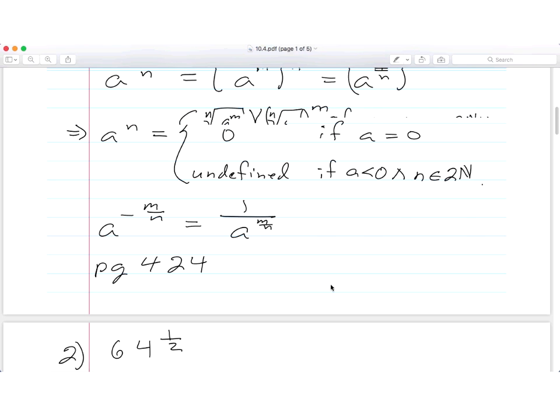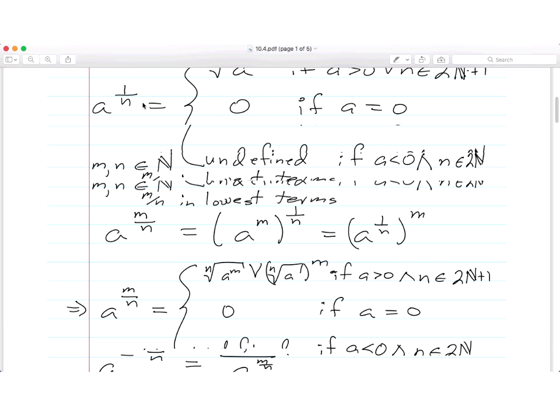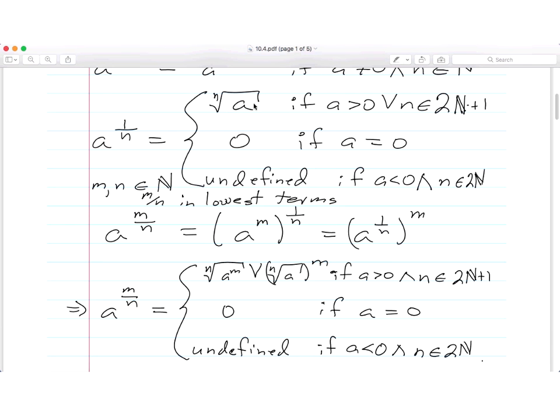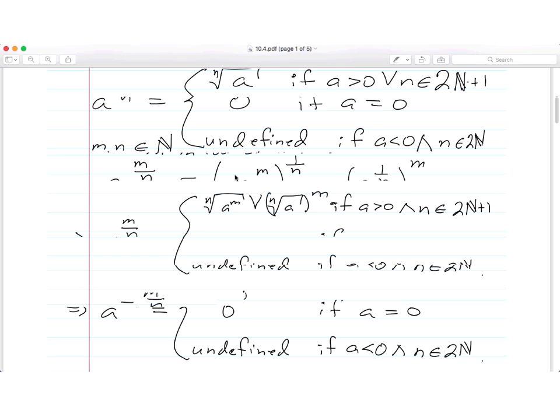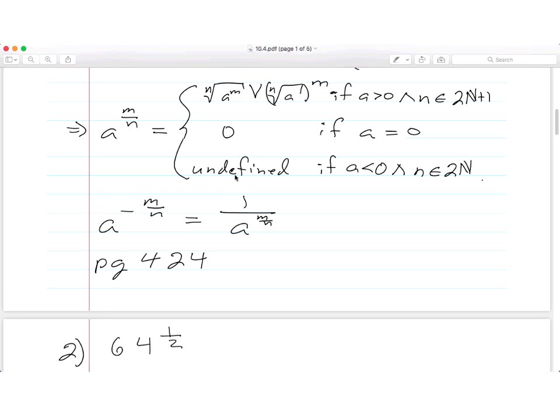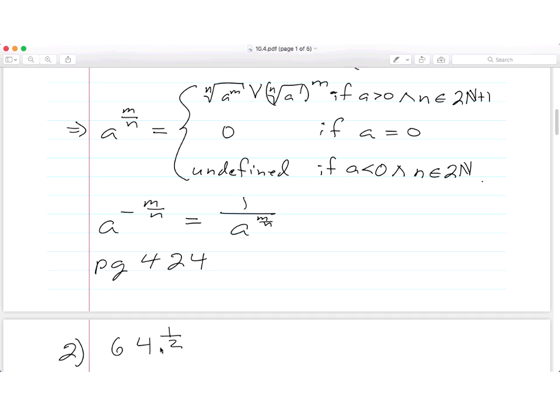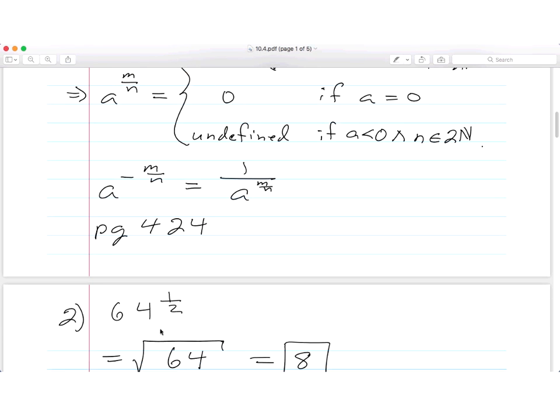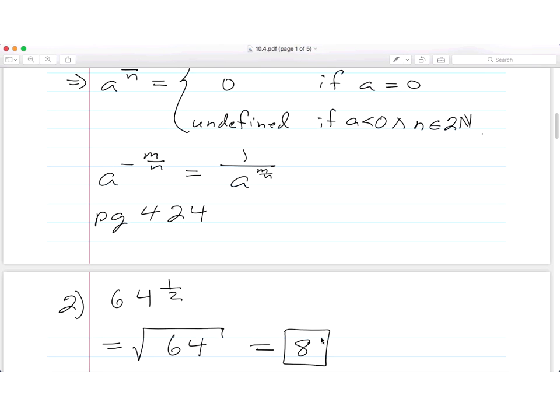So all this says here is that these rational exponents are just another notation for radicals. And so 64 to the power 1/2 is the same as the square root of 64, but the square root of 64 is 8. And so 64 to the power 1/2 is 8.